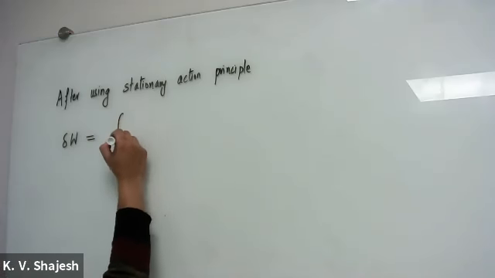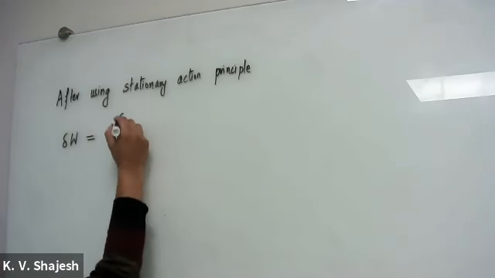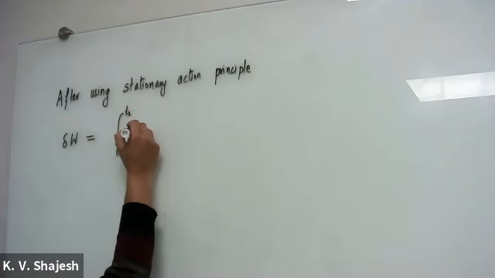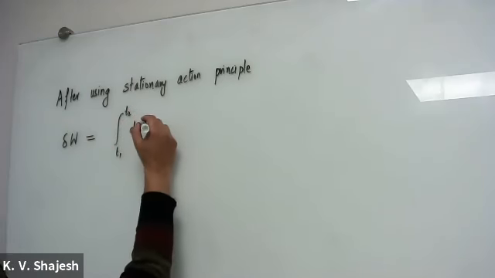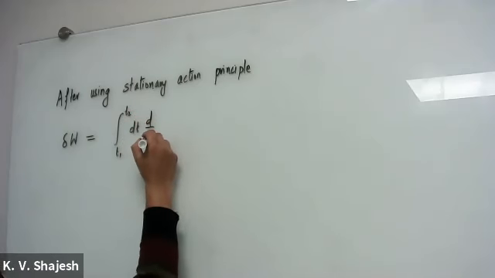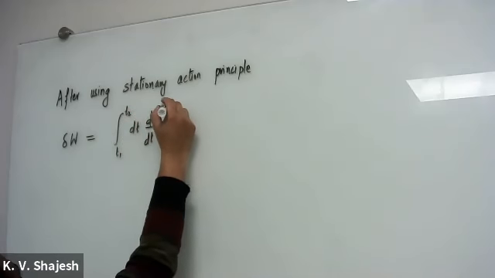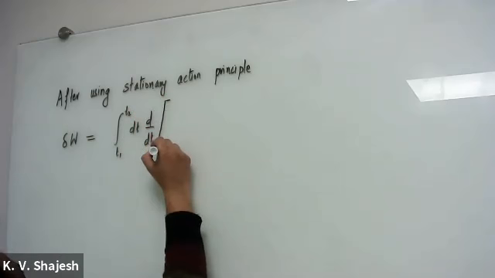So that's the integral from T1 to T2 of dt prime, if you want. I can even say as t, so d by dt. And there are two terms.